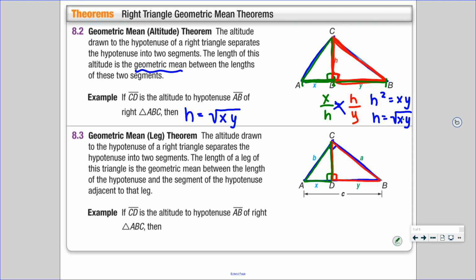Okay, so again, we're going to set up a proportion here with similar triangles. So we're actually going to do the big triangle. The length of this hypotenuse they're calling C. Which one do I want to do first? Let's do the green one.